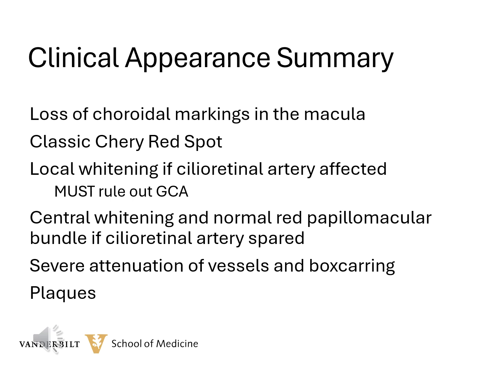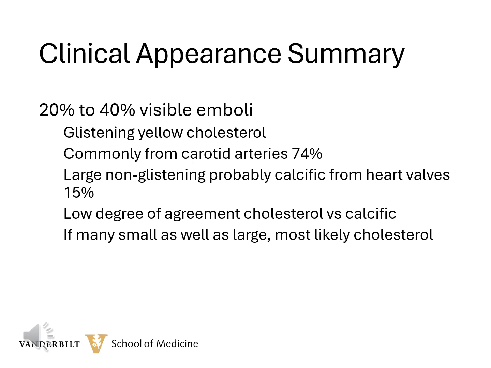You can have some local whitening if the ciliary-retinal artery is affected, and again, you must rule out GCA if you do find that. The central area may have a normal color if the patient has a ciliary-retinal artery, and that is spared. You again want to look at the attenuation of vessels, looking for boxcarring and plaques. And again, you want to look for emboli.